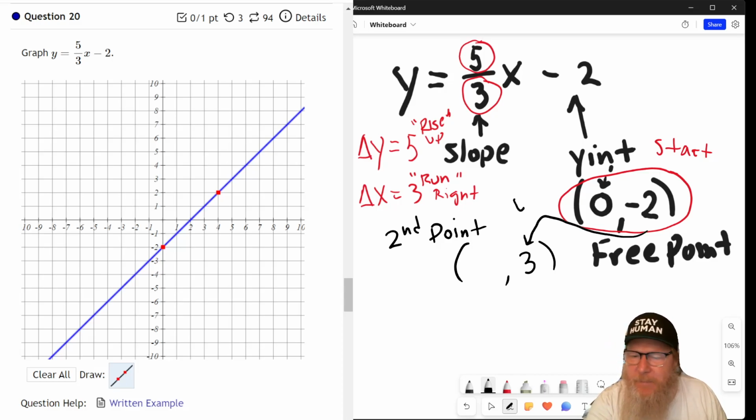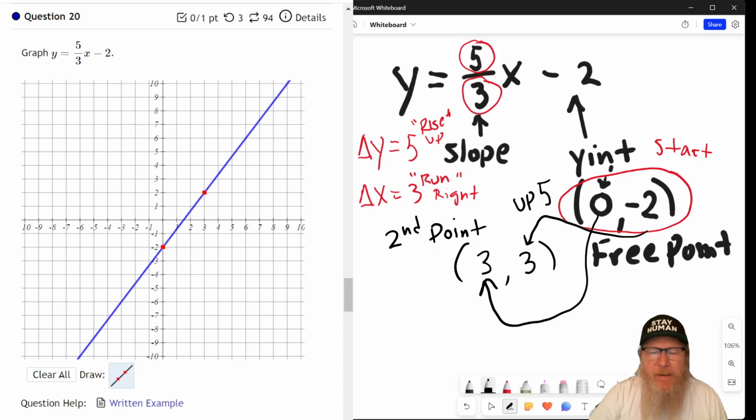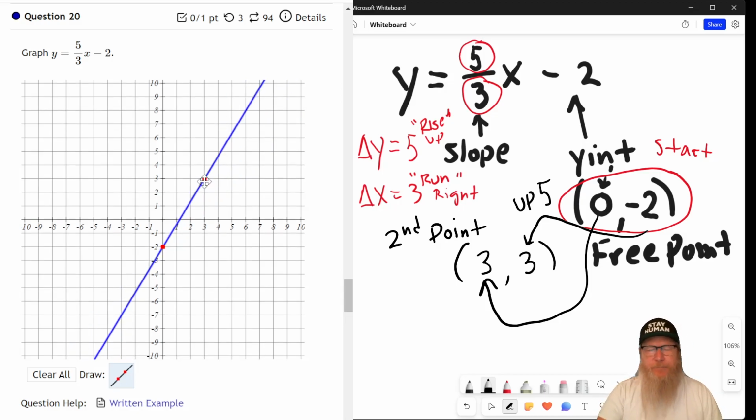So you went up 5. And if you go right 3 units starting at 0, you will end up also at +3. So both of the coordinates are, in fact, +3. So our second point will be at 3, 3.